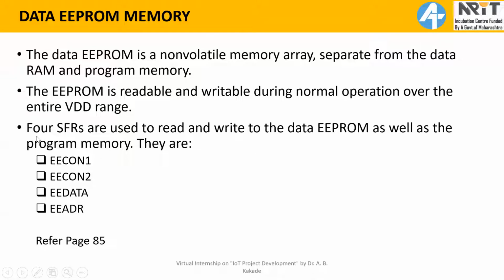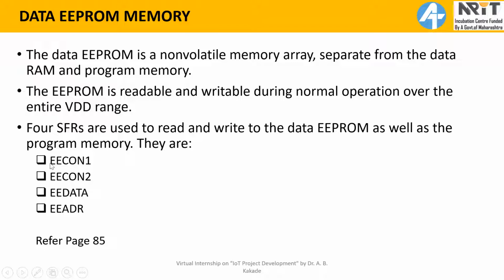There are 4 special function registers associated with EEPROM memory. Through these registers, we can do read operation as well as write operation to the EEPROM memory locations. And through a user program, we can do both operations. We can select any particular location for reading the data or writing the data.